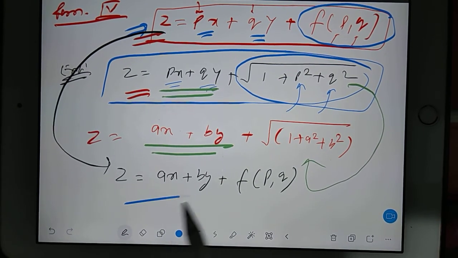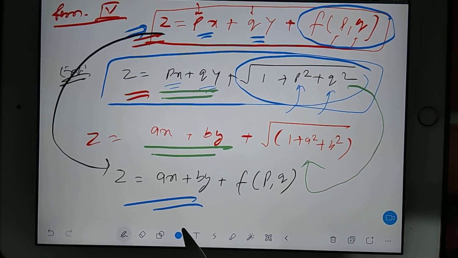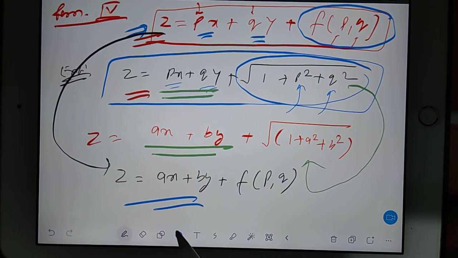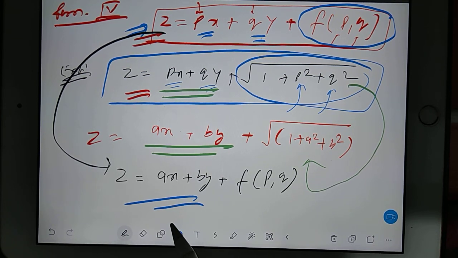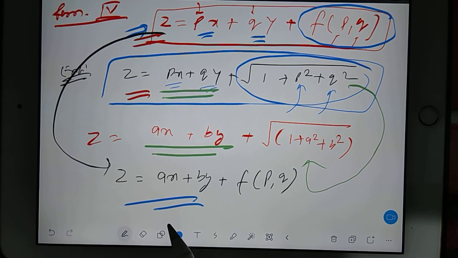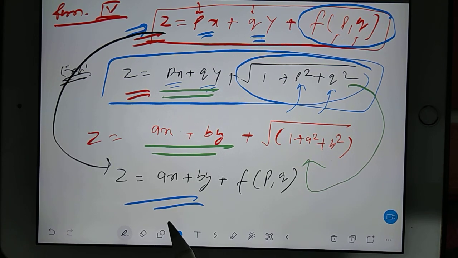So that's all, easiest form. Okay, actually we have to learn now some more equations.